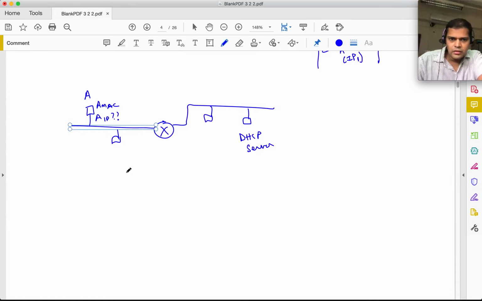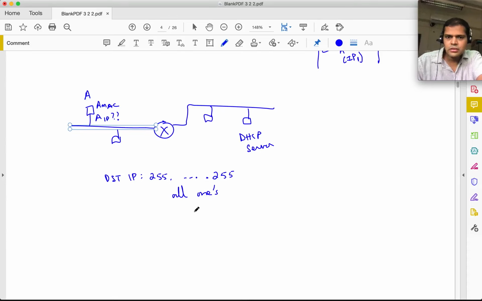Now, if you have the destination IP address as all ones, you might wonder, why doesn't this packet actually go to the whole internet? After all, it's a broadcast, right? So why doesn't it reach everybody else?